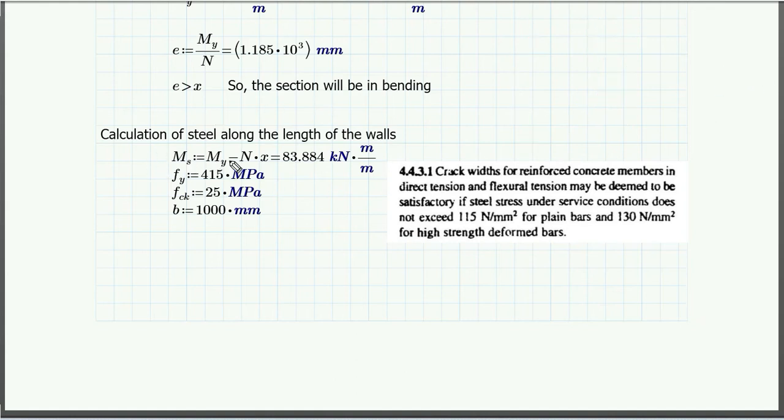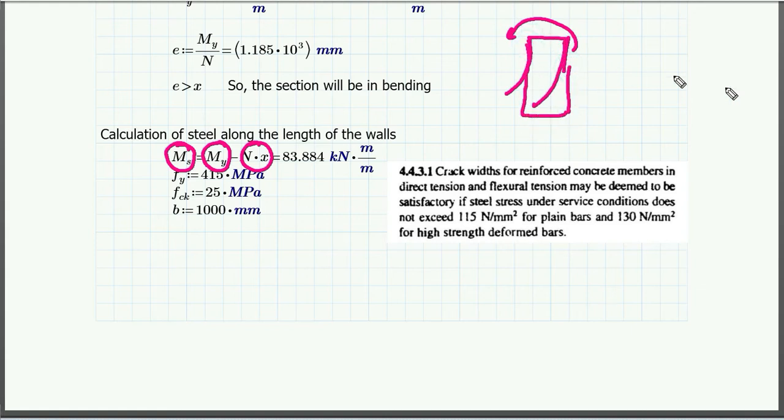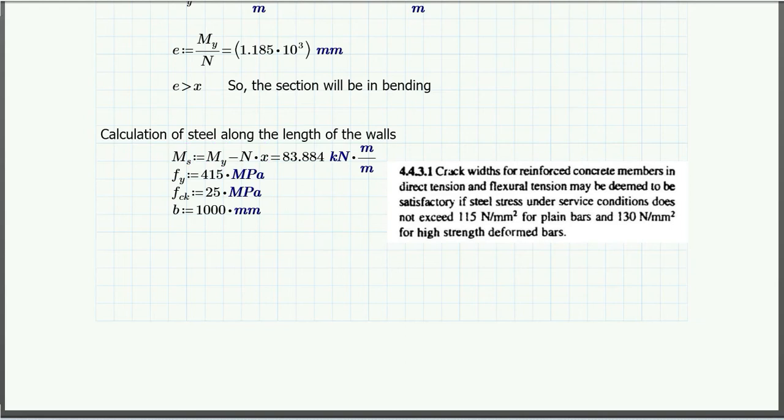Now the resultant moment, Ms, will be M minus N x. Why is that so? You can see that at the end, the section is having a moment which is trying to bend the particular section. So let me draw a clear figure of this.